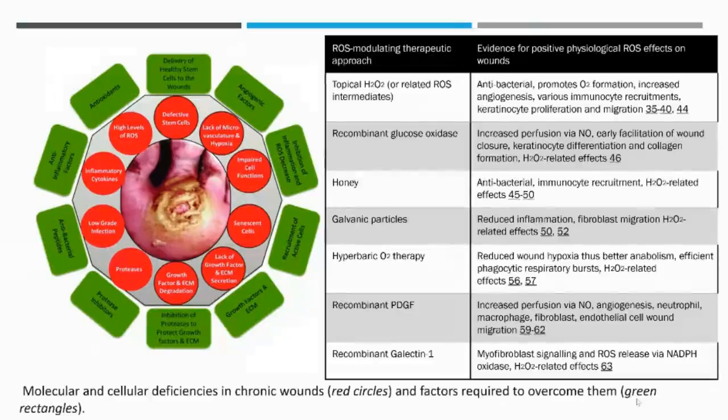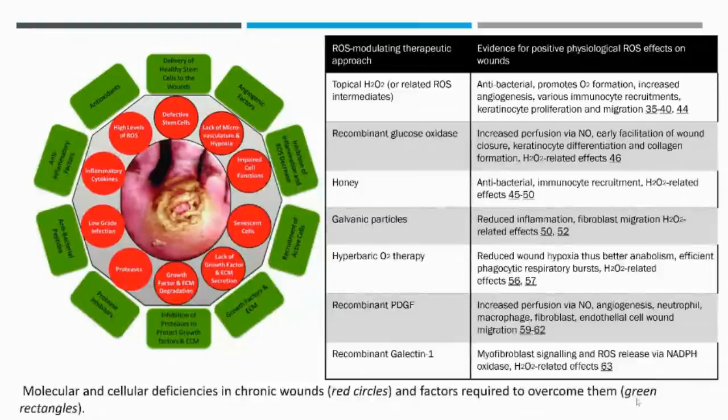There are recombinant technologies. There are commonly used clinical intervention technologies such as hyperbaric oxygen therapy, through which you enhance the oxygen concentration in the wound bed. Thereby, when you increase the oxygen concentration in the wound bed, technically you are creating free radicals there as well. So there are different ways, different approaches, and different targets that you can use to effectively modulate ROS.